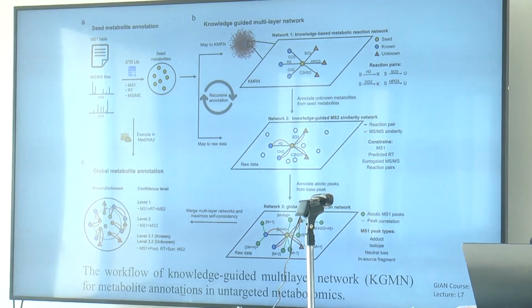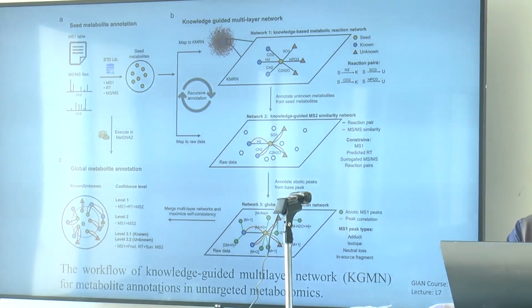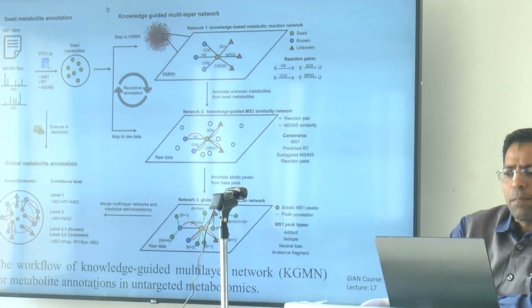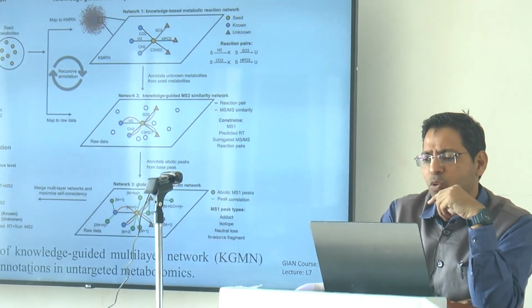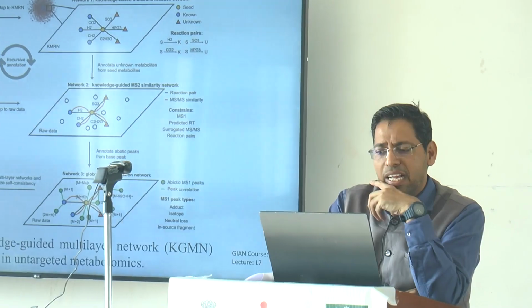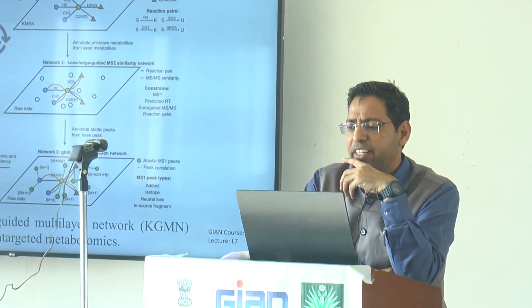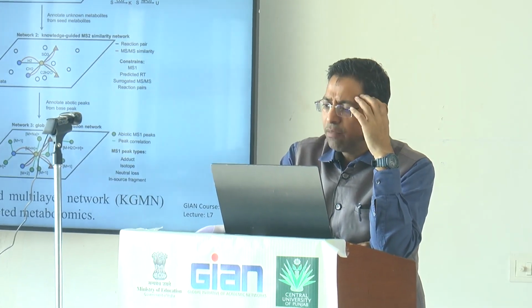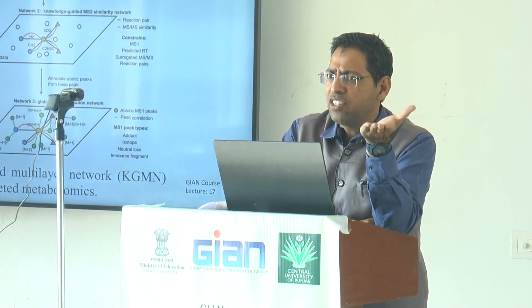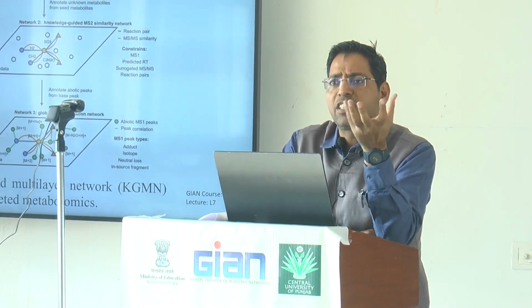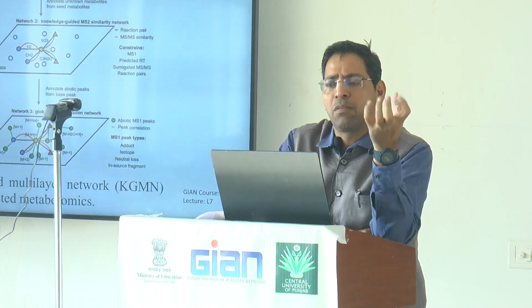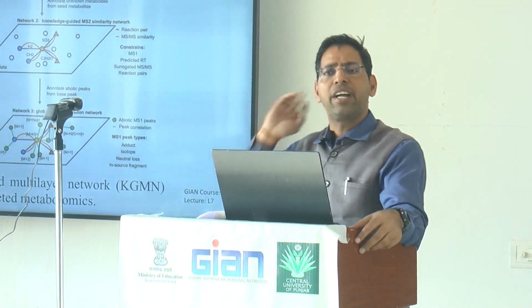So you have to do the reaction pair and the MS similarity concept. On the basis of that you can find out that a few are associated with each other. Some challenges also come up: what is the predicted retention time based on machine learning, and what is the surrogate mass.